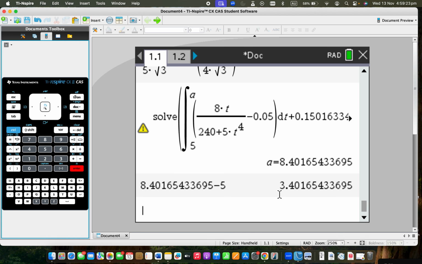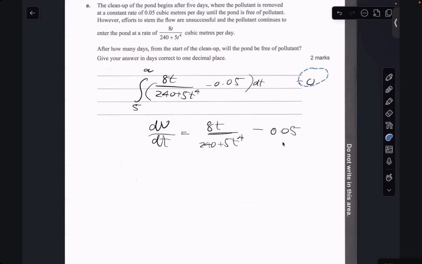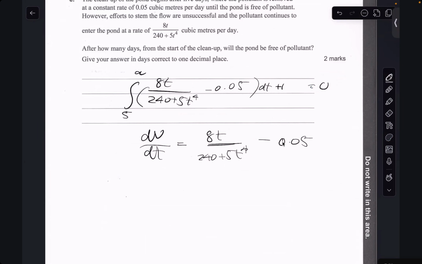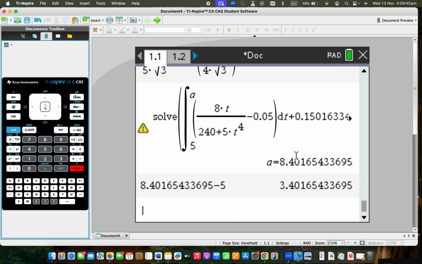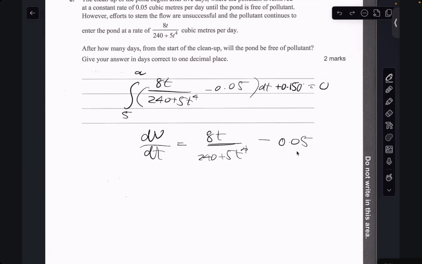So this here should be plus 0.15, 0.2, and then A is equal to 8.401.